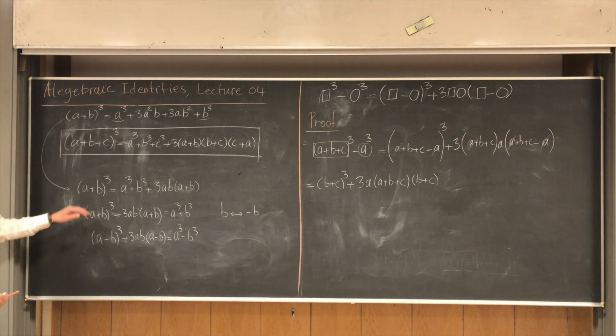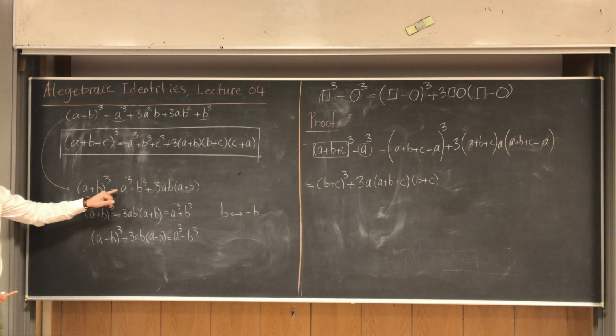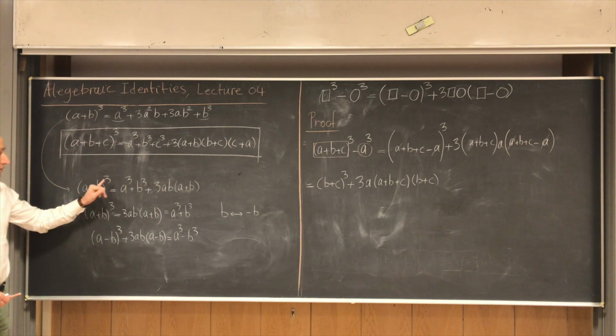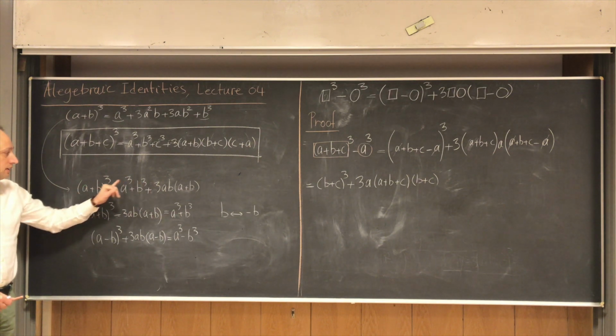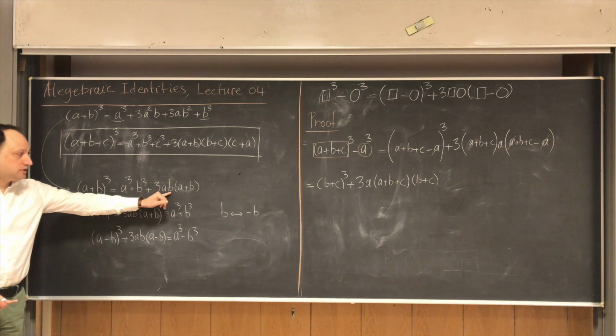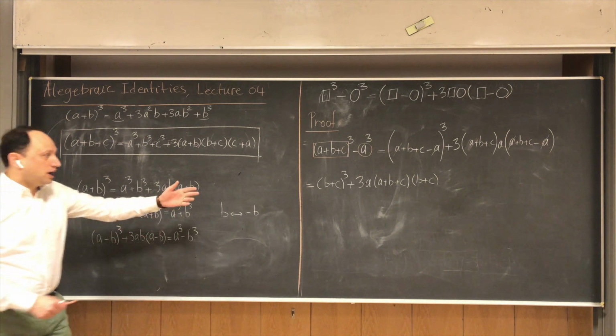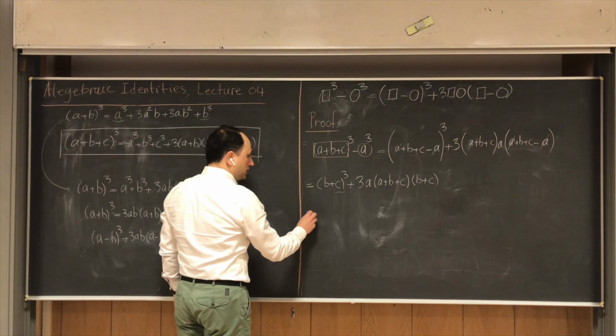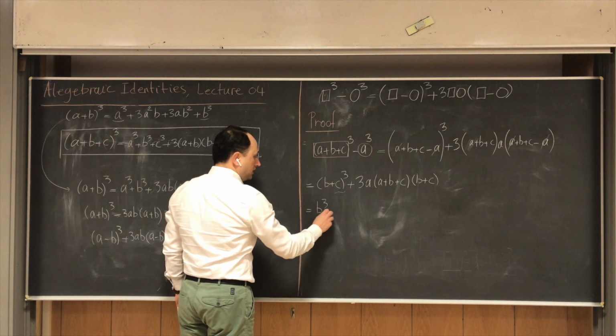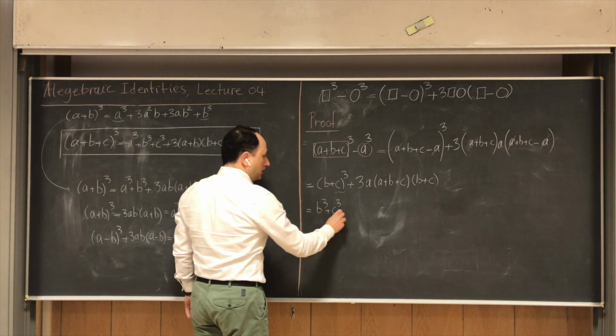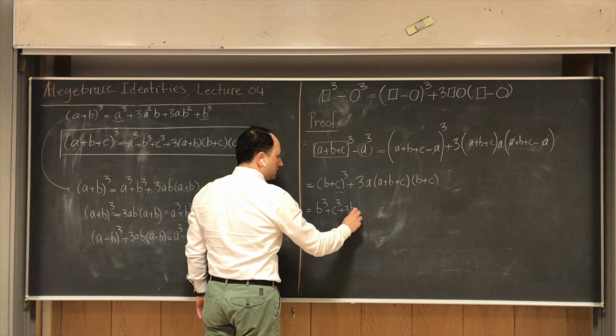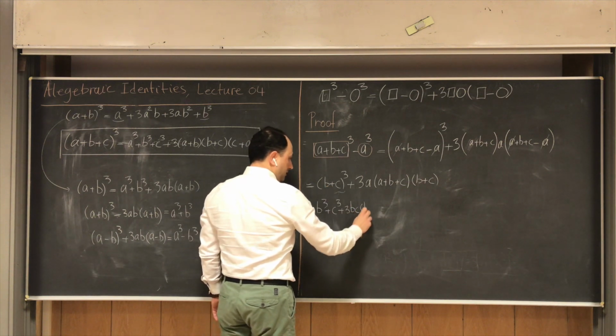But now look here, a plus b to the 3 can be written as the first one to the 3 plus the second one to the 3 plus 3 times the first one times the second one times the sum of them. So I will use that one here. So this becomes the first one to the 3, the second one to the 3, plus 3 times the first one times the second one times (a plus b plus c).